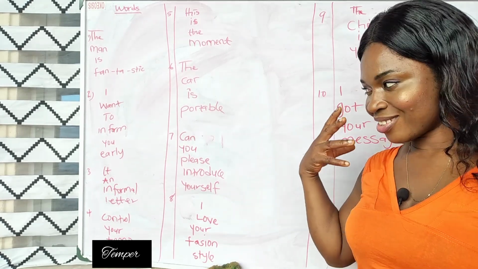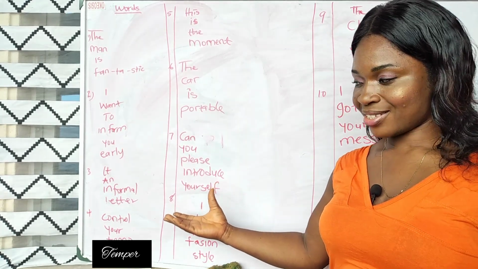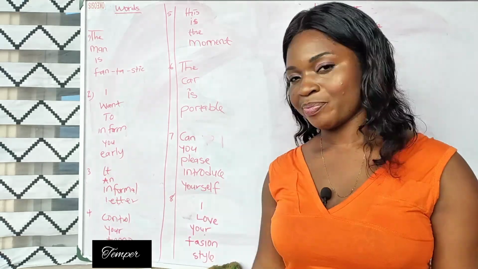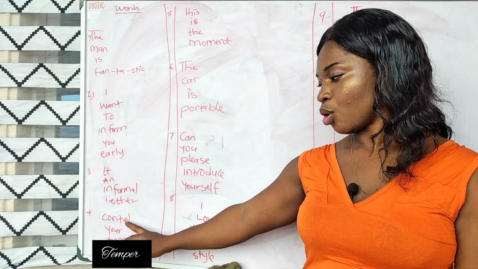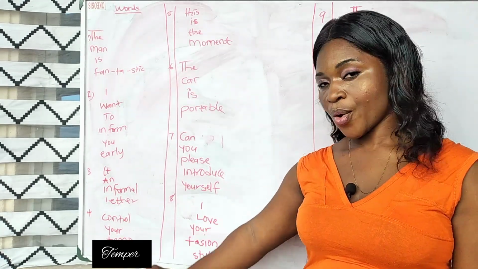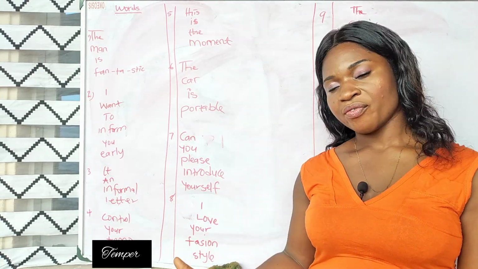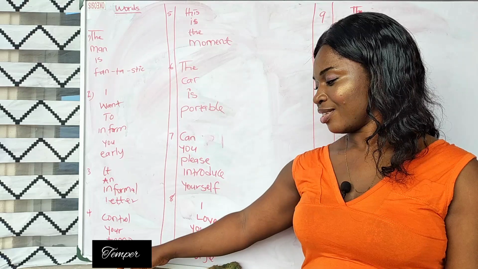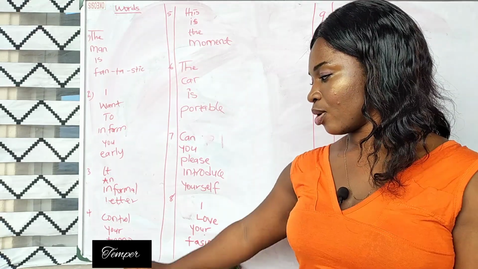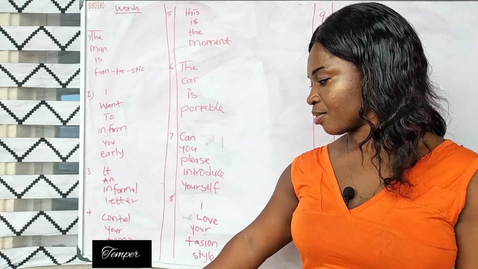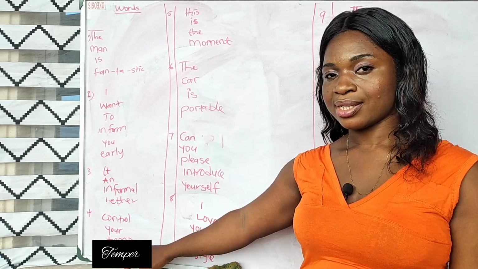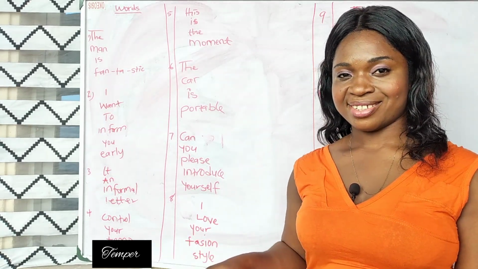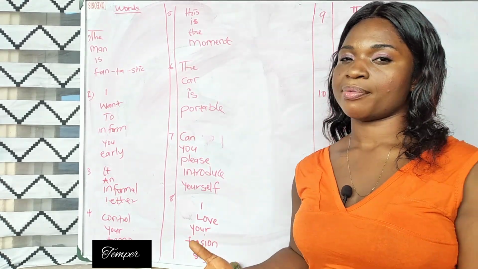Are we together to this point? Okay, so number 4, I have control, your, temper. So the sentence reads: control your temper. It's now a sentence.